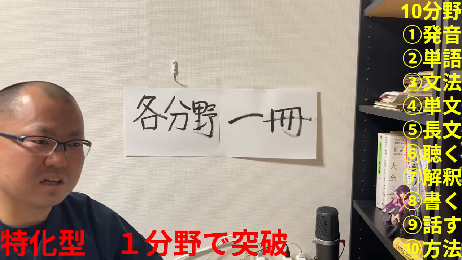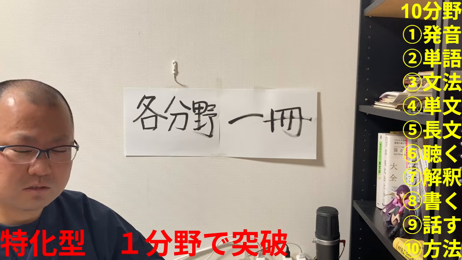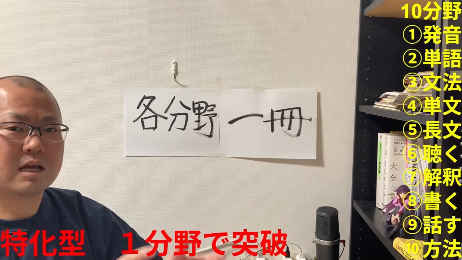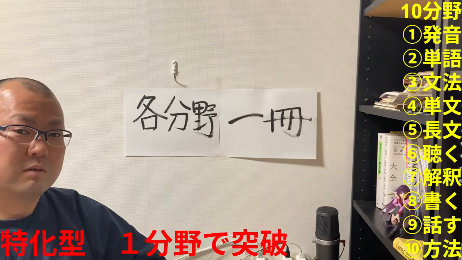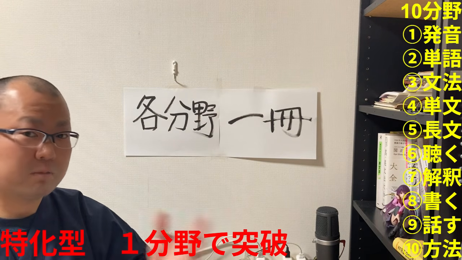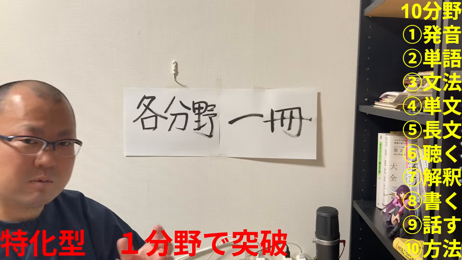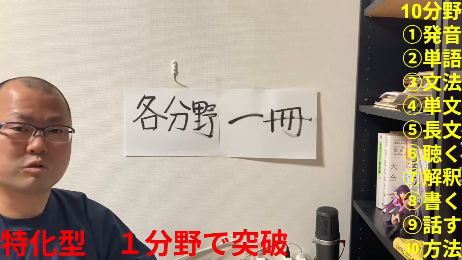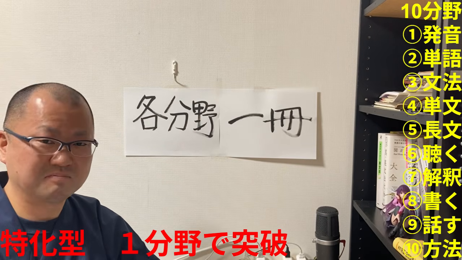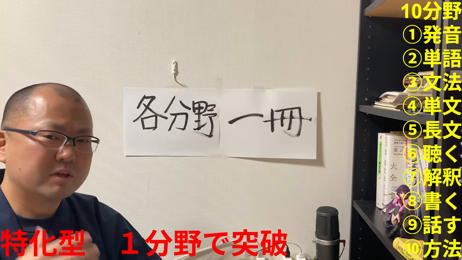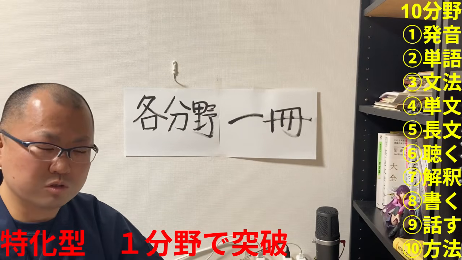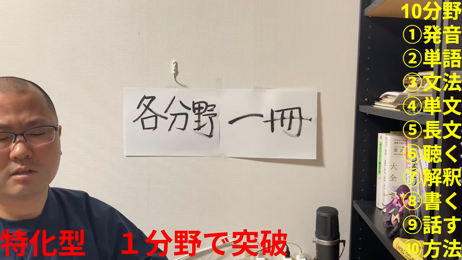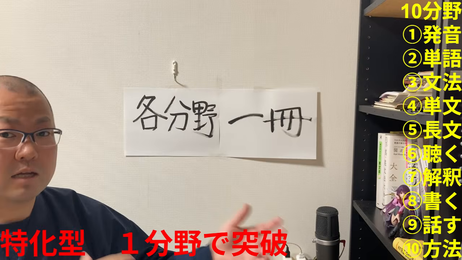Sing as many songs as you want, so you can be a specialist in singing a song in English. Or if you have strong enthusiasm about grammar, you can try many grammatical books and be a master of grammar. That is fantastic. Okay, so the specialist type of approach is admirable, but this time, I want to introduce the balanced type, 10 categories.